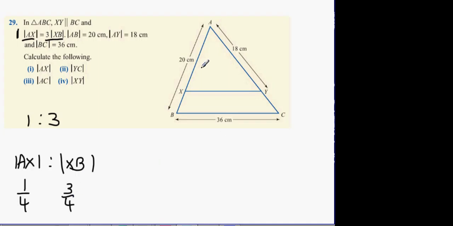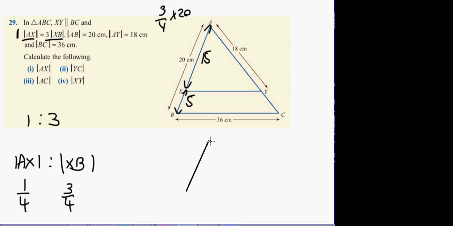What's 3/4 of 20? 15. So this one here is going to be 15 and by process of elimination the other one must be worth 5.